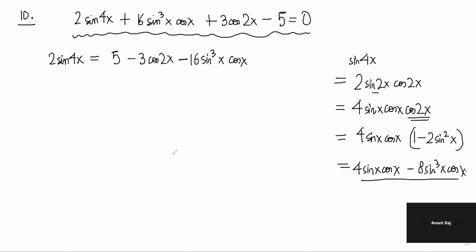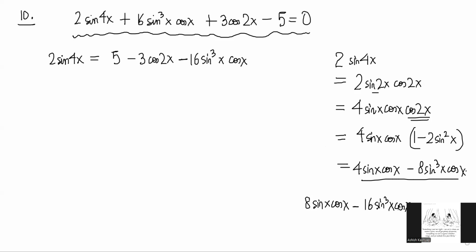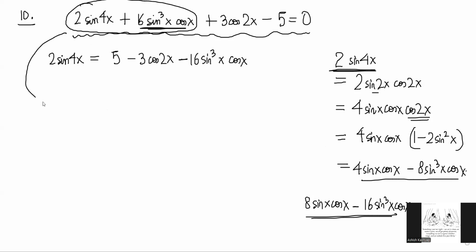So if you put 2 times sin 4x, you will get 8 sin x cos x minus 16 sin³x cos x. So when you do 2 sin 4x plus 16 sin³x cos x, this part will end up as simply 8 sin x cos x, right?